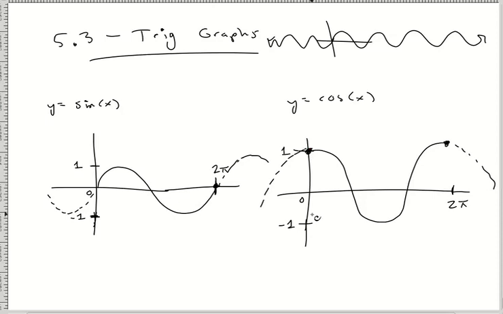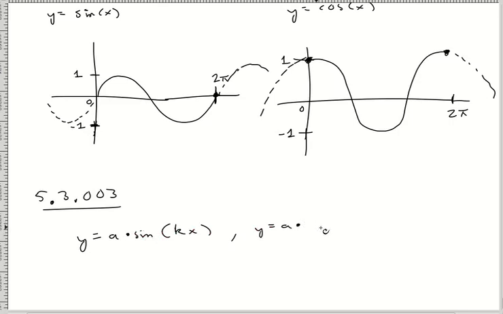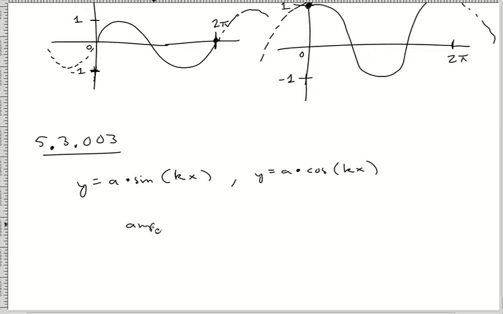So, let's do a little bit. And I will give you definitions as we go, because the homework will give you definitions as we go. Y is equal to a times the sine of kx. Don't get too hung up on this. Y equals a times the cosine of kx. So, amplitude is the number in the front, but the absolute value of it.